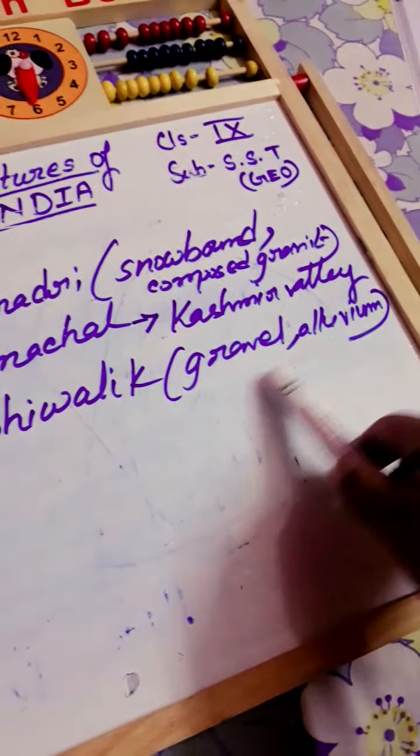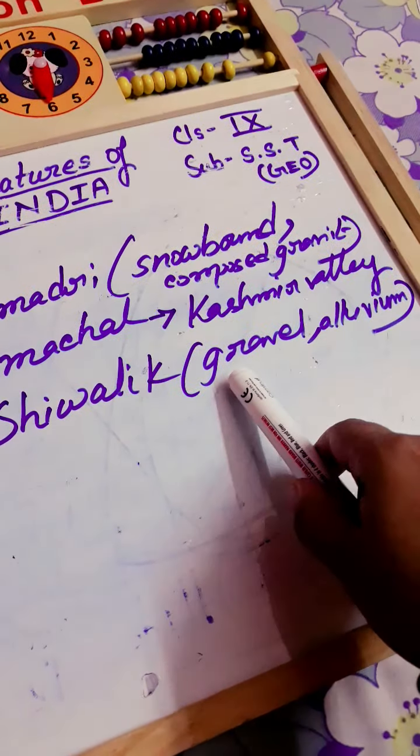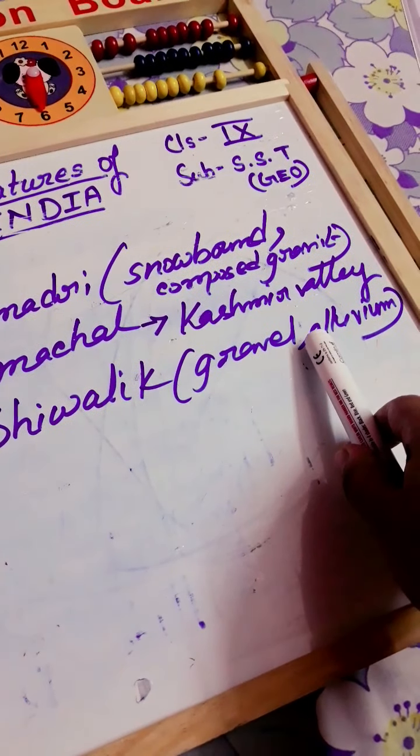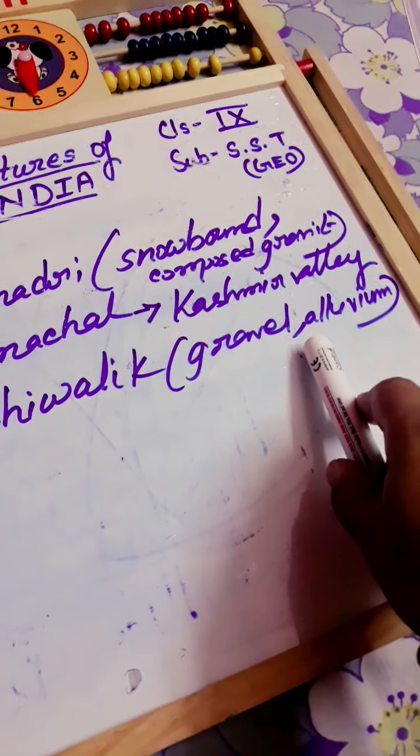So in the Shivalik portion, the soil is known as alluvium or alluvial soil. This is an important thing about that area.